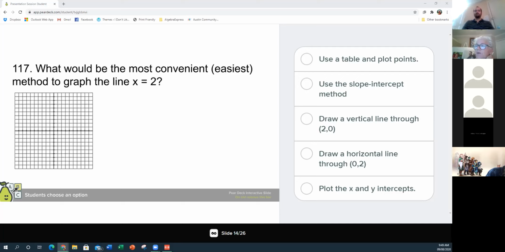The thing is, if you know the easiest method to graph this, then this is like a snap. It takes you no time at all. If you have to think it through a little bit, that's okay too. It just takes a little bit longer. But everyone that's answering is getting it right.